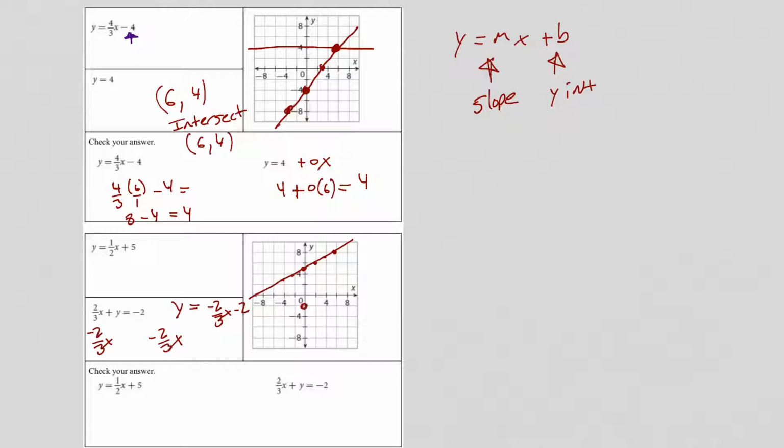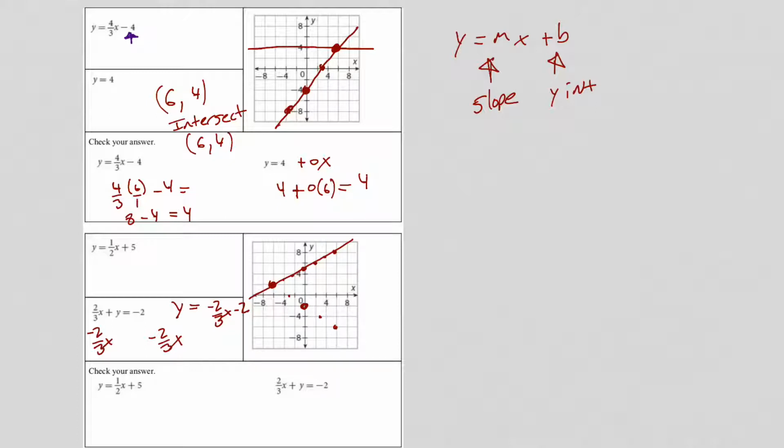So here we've got a y-intercept of negative 2. It's going down 2 over 3. So down 2 over 3, up 2 over 3, up 2 over 3. So they're going to meet right there. Down 2 over 3.